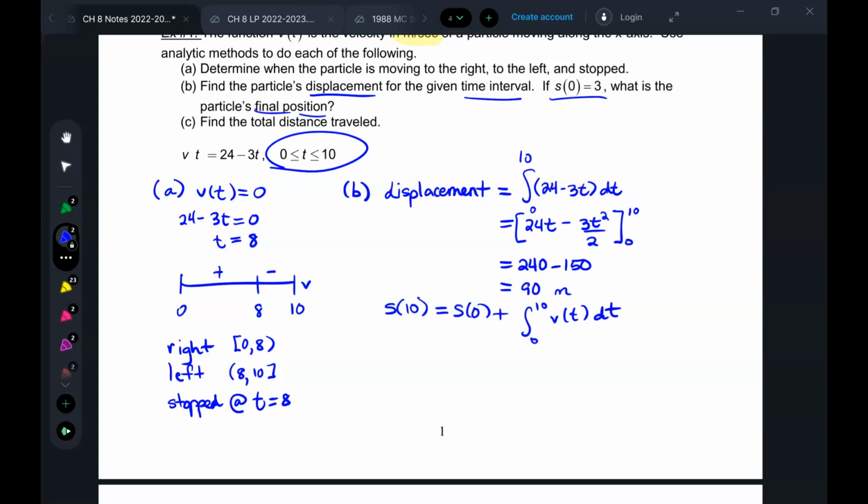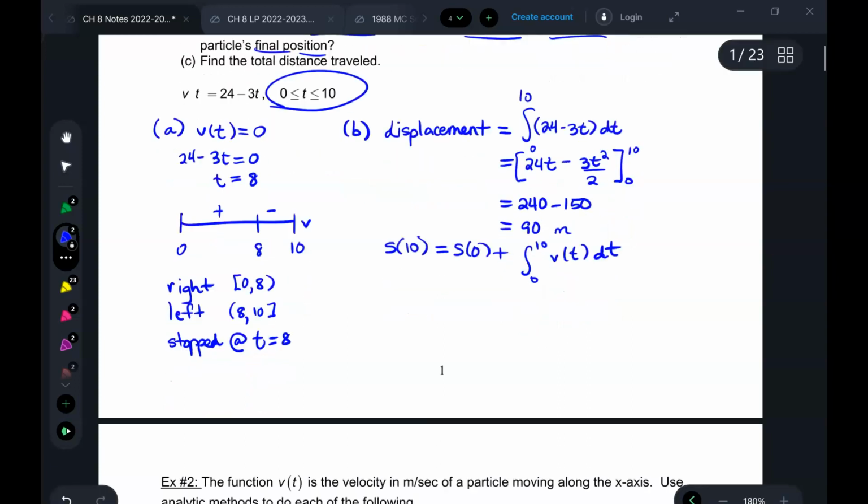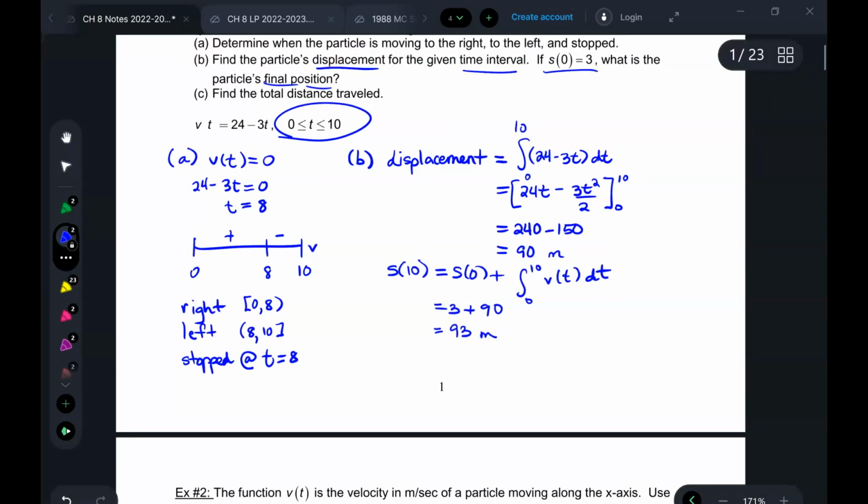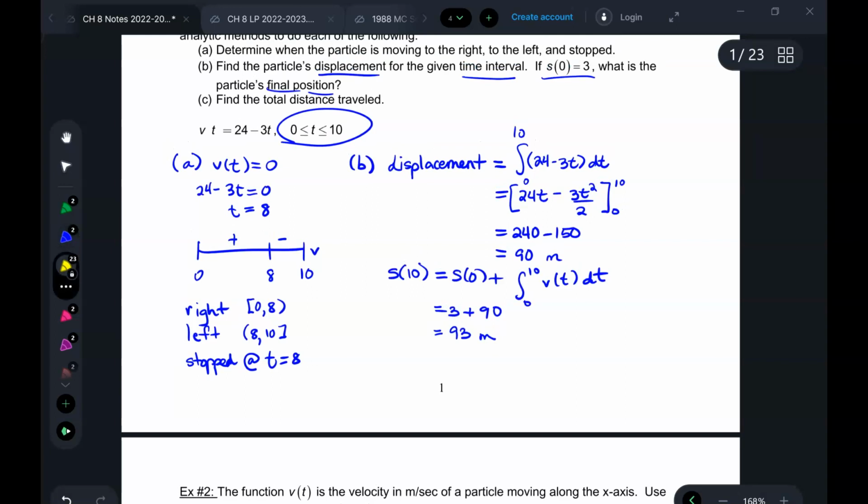Does that make sense according to what I had above? So what's s of 0? 3 plus our displacement, which was 90, which gives us 93. Oh, right, in the directions. Yeah. Okay, final thing.